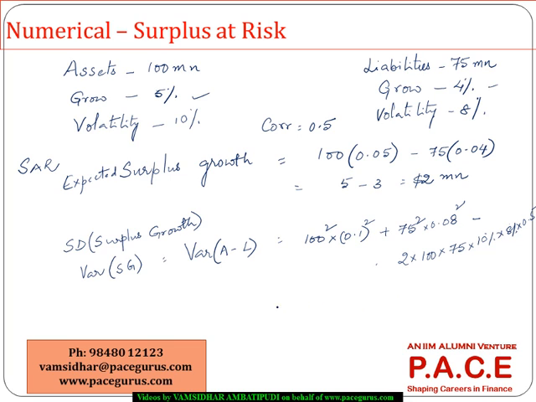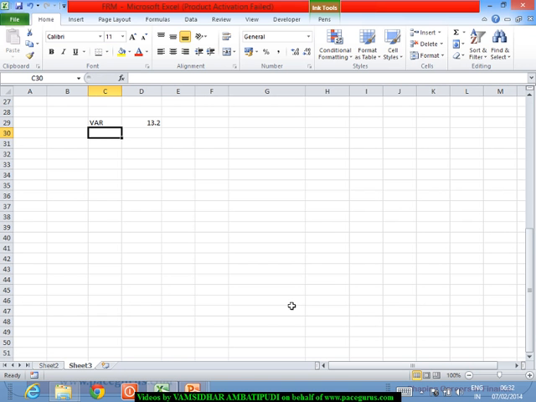So that becomes the variance of the assets minus the liabilities, which is the variance of the surplus growth.